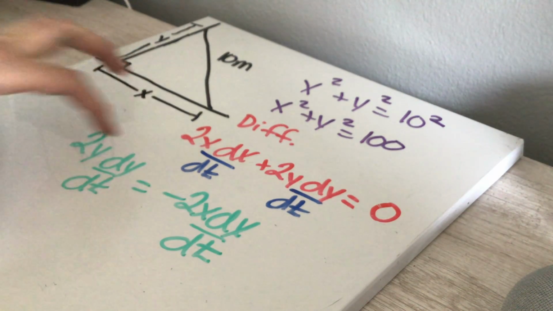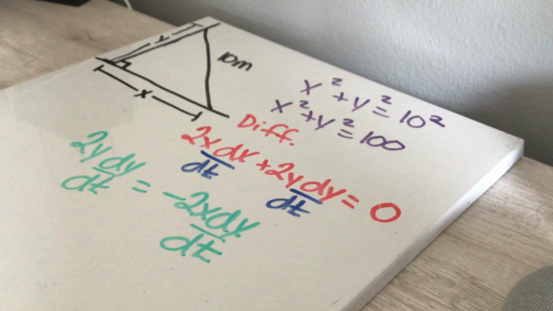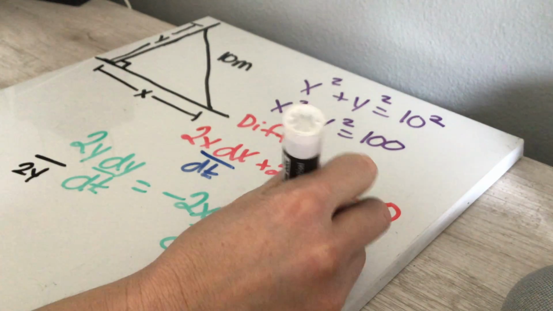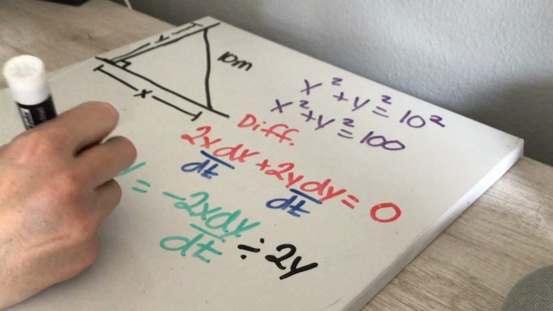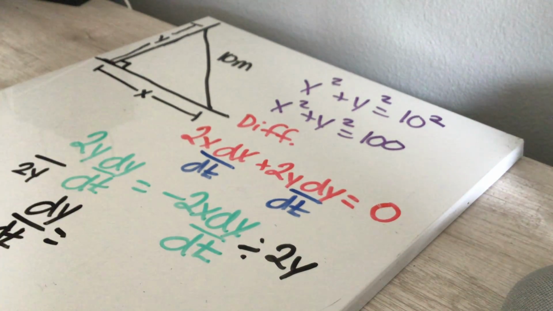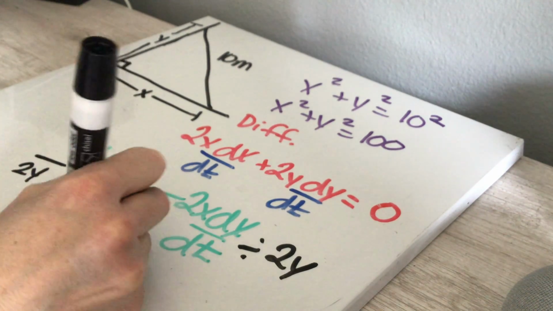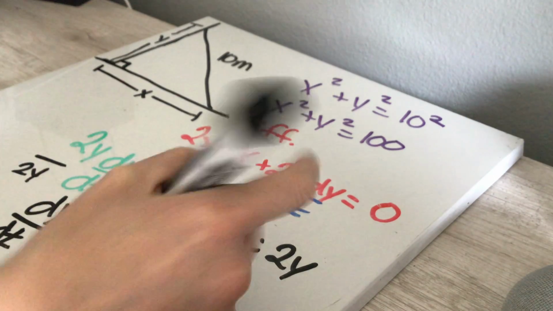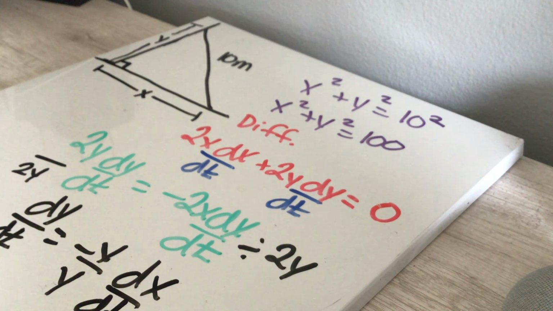So you want the rate of change by itself. So we're going to divide everything by 2y. And we get that the change in y with respect to time is equal to negative x over y dx/dt, because the 2's cancel. Okay?